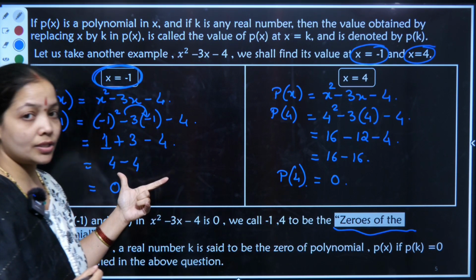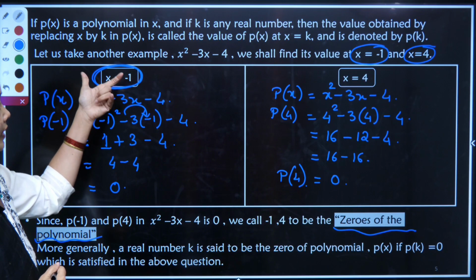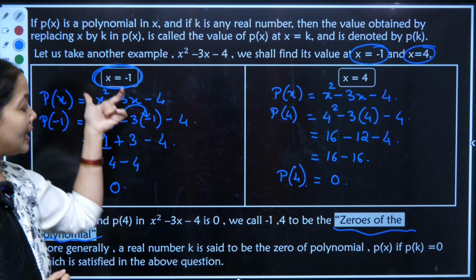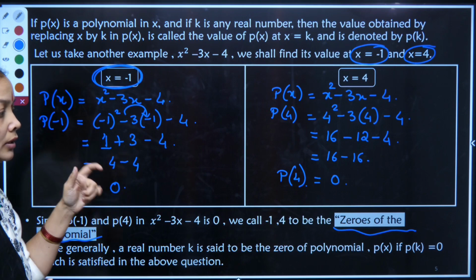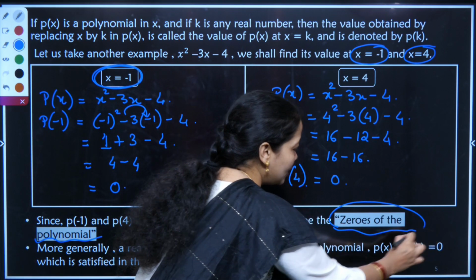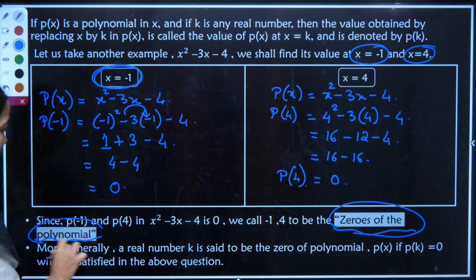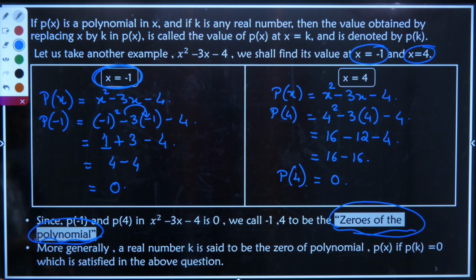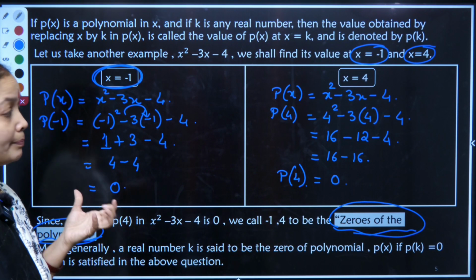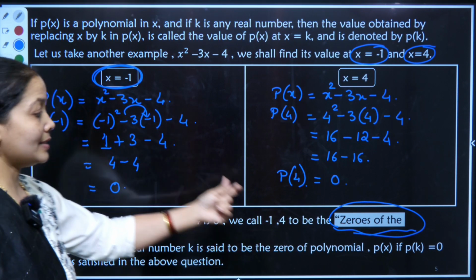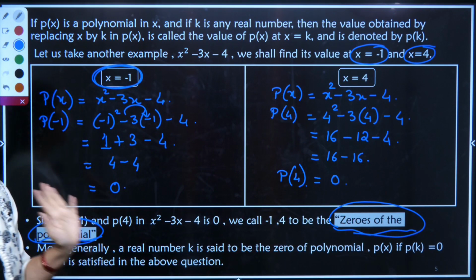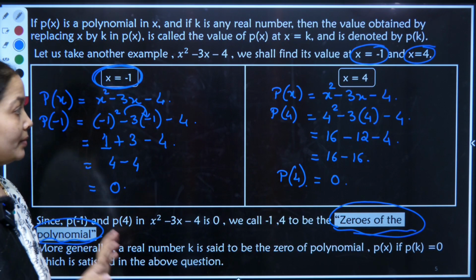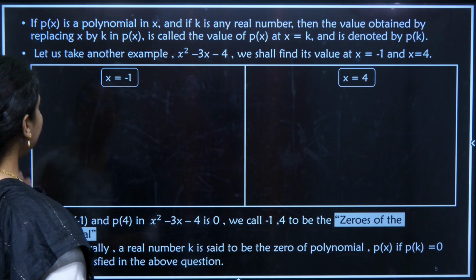But in this position, when I substitute the value of x as -1 and 4, the answer is turning 0. When the answer is turning 0, then we allocate the name called the 0 of the polynomial. So most generally, we write P of x as P of k. If P of k is 0, then k is the zero of the given polynomial. Just moving on to the next slide.